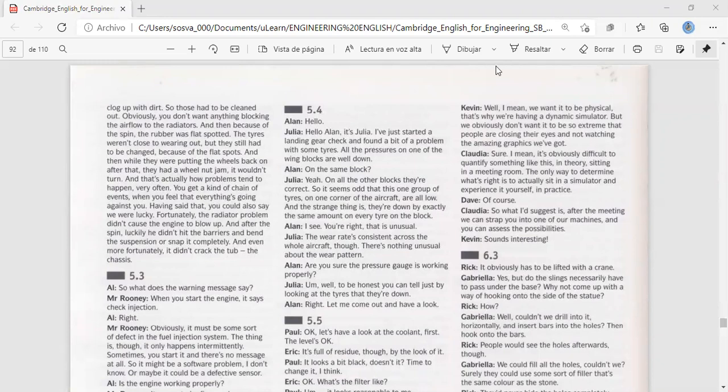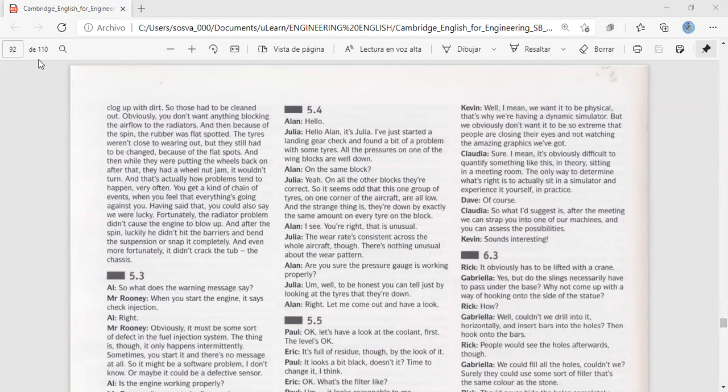Hello? Hello, Alan. It's Julia. I've just started a landing gear check and found a bit of a problem with some tires. All the pressures on one of the wing blocks are well down. On the same block? Yeah, on all the other blocks they're correct. So it seems odd that this one group of tires on one corner of the aircraft are all low.